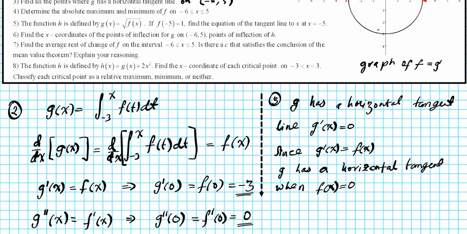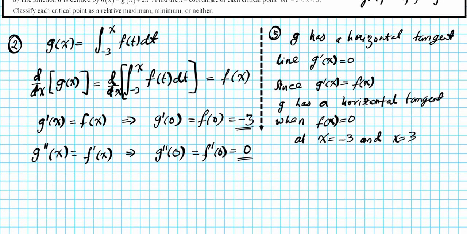So at x equals -3 and x equals 3, let me make my workspace a little bit longer so we don't get confused. So at these 2 points, f of x, which is equal to g prime of x, is equal to 0, and that's the answer.